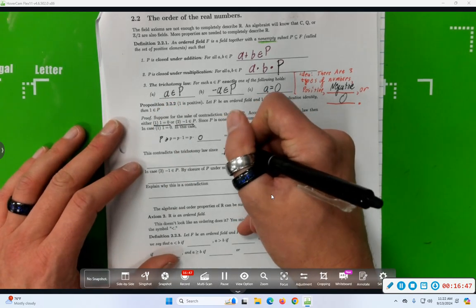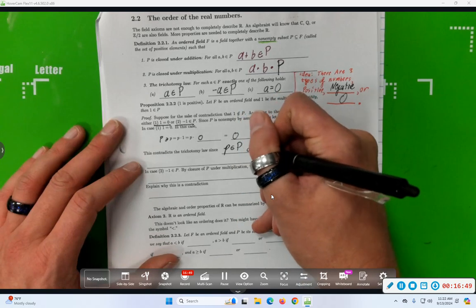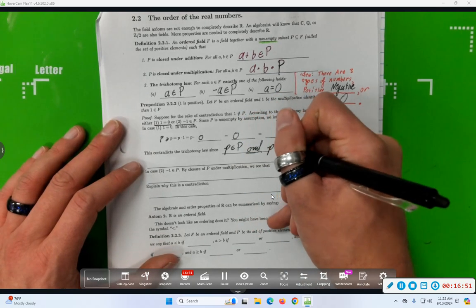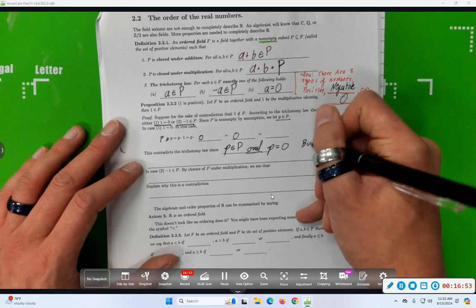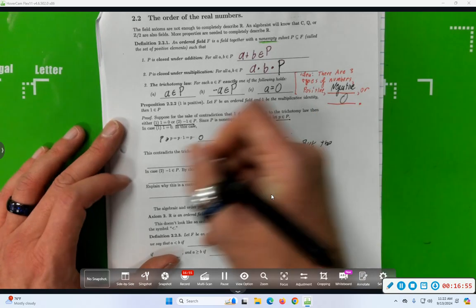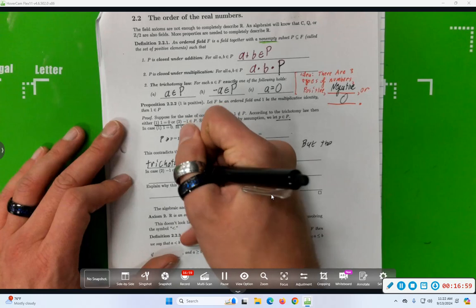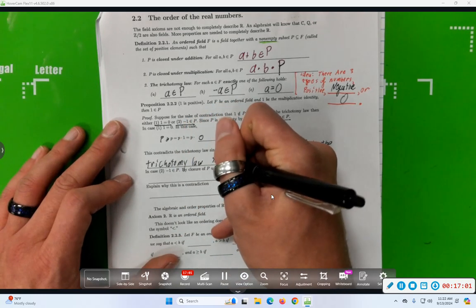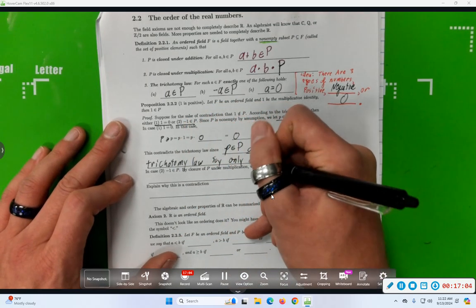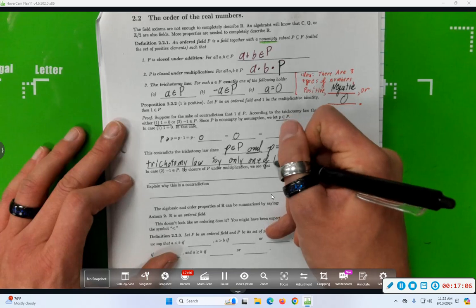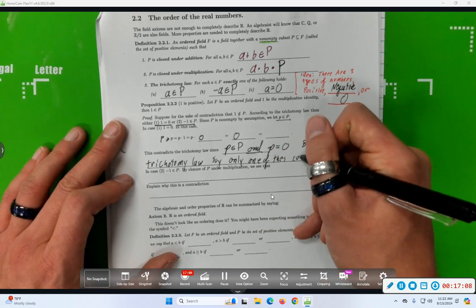Since p is in P and p is equal to 0, but the trichotomy law says only one of these can happen.